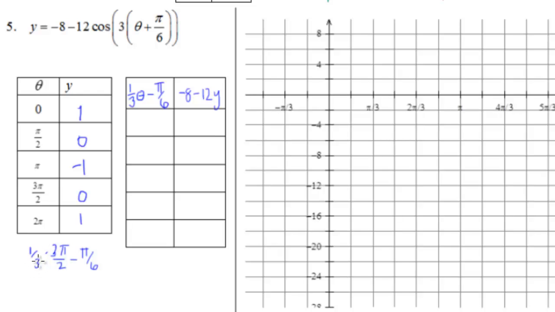Now these 3's could cancel, but I would be better off here to keep my denominator of 6, so that I can subtract pi over 6 from 3 pi over 6, which is 2 pi over 6. So this was this one here. I'm going to get 2 pi over 6, which I could also write as pi over 3.